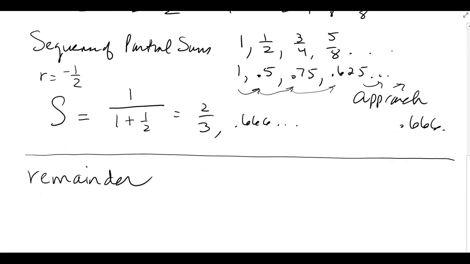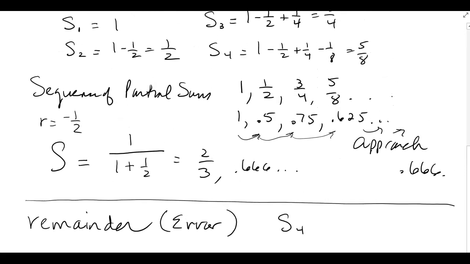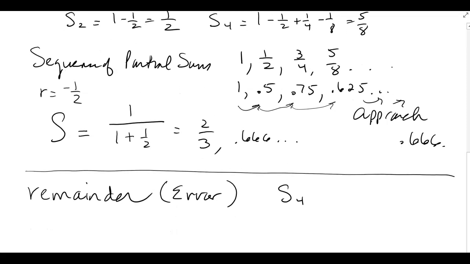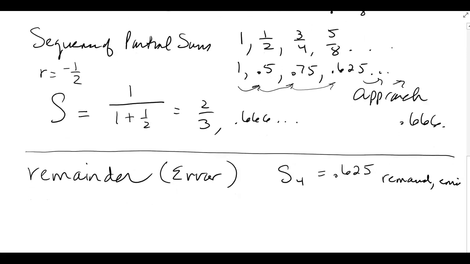And when you're dealing with an alternating series, the remainder is also called the error. So, for example, if I took S of 4, which I did up here, and my partial sum was 0.625, my remainder, or my error, is actually the summation of everything after that.